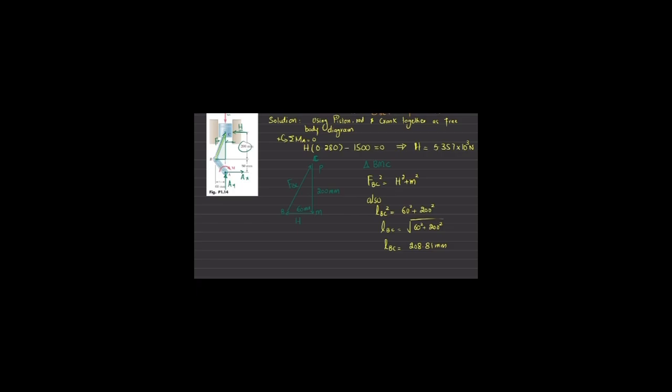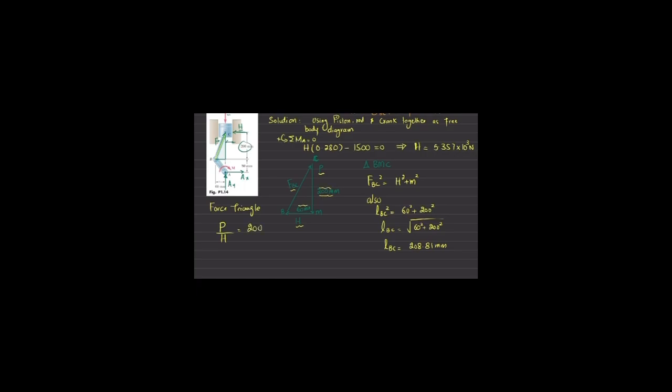Now you can see you have the triangle for finding the force P, H and FBC as well, so by using force triangle, if you take the ratio P divided by H, so P divided by H will be equal to 200 divided by 60. So this is 200 and this is 60.